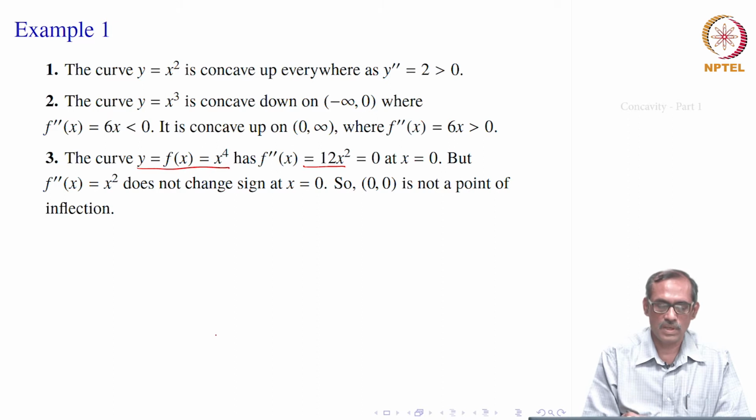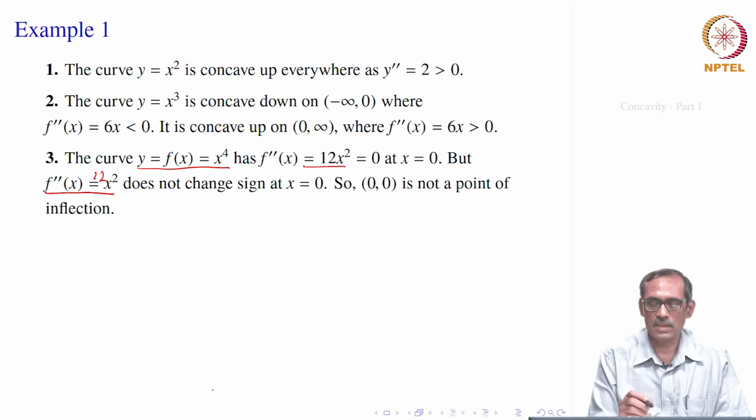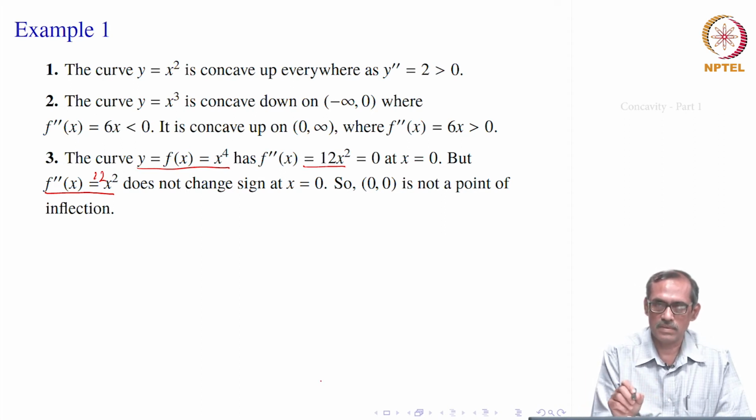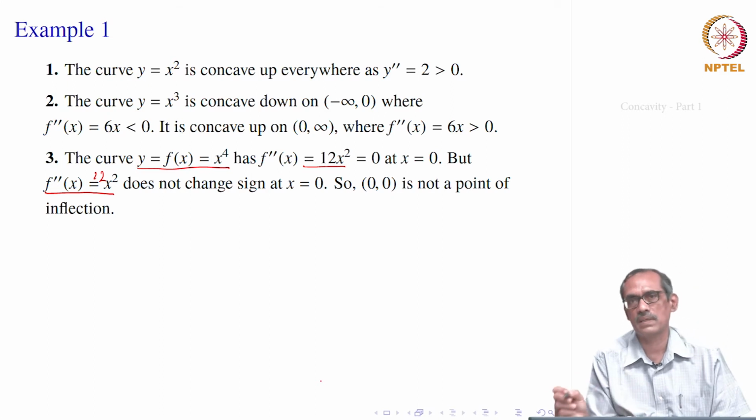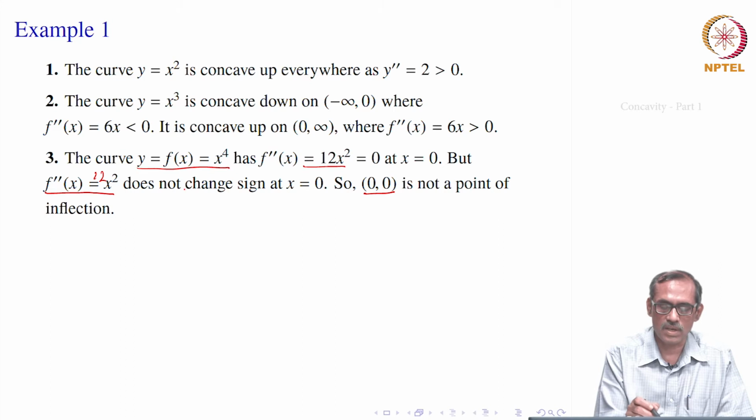So, that does not change sign near x equal to 0, from the immediate left neighborhood to the immediate right neighborhood, it is always positive. So, the point 0, 0 on the graph is not a point of inflection, though f double prime is equal to 0 there. And since it is positive, it is always concave up at any point, of course, not at 0.